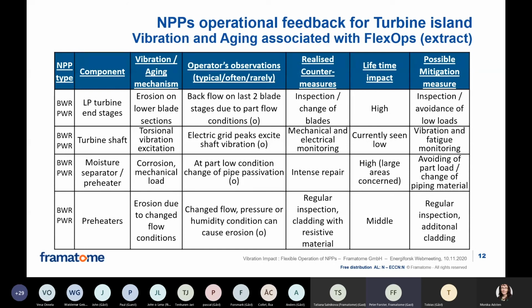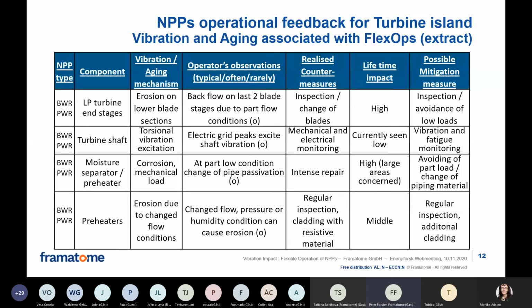There have been corrosion effects and mechanical load effects. At part load conditions, there is a change of the pipe passivation due to chemistry, because of the changing of the pH value in these part load conditions quite often.